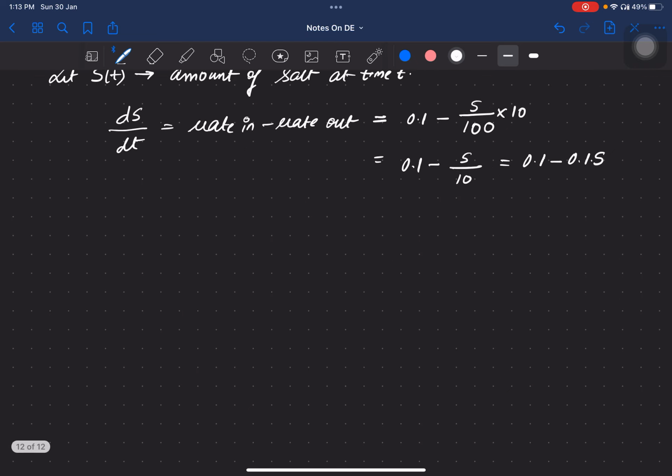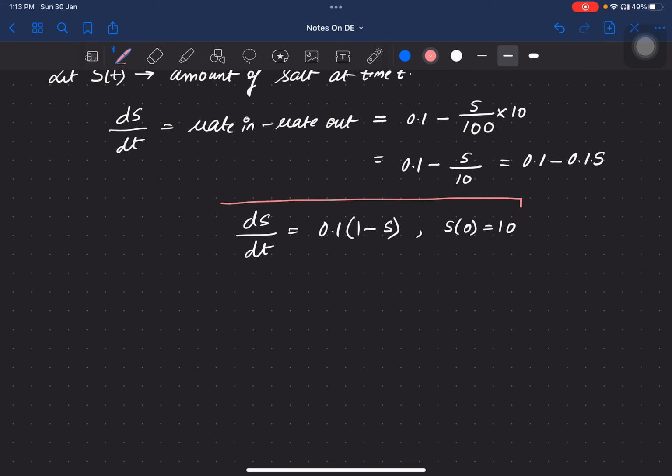So the differential equation becomes dS/dt equal to 0.1 (1 minus S), with initial condition S(0) as 10, because we started with 10 kg of salt.